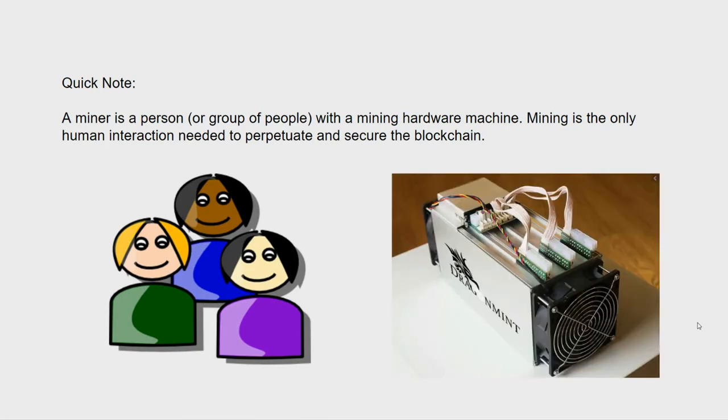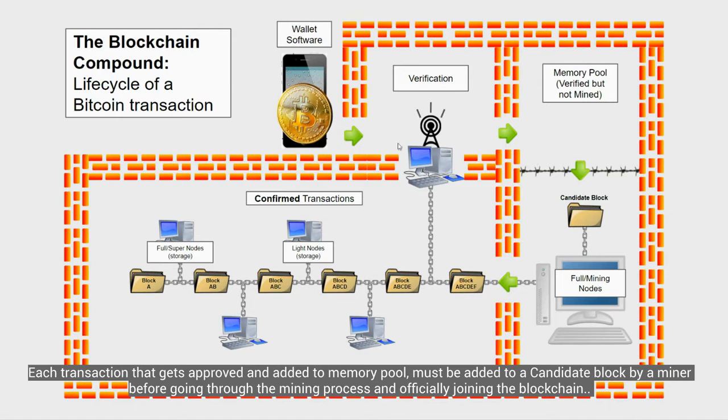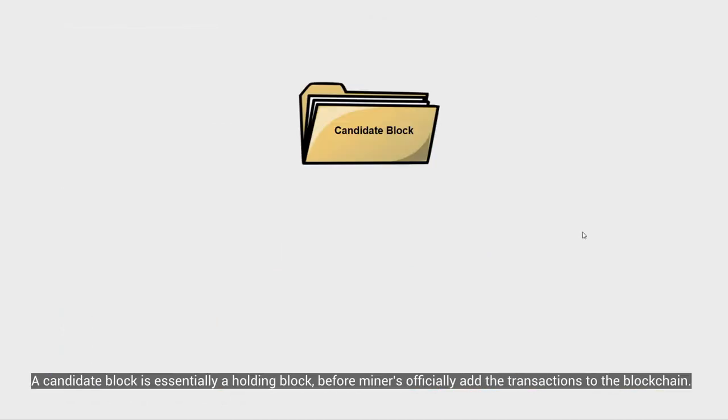Mining is the only human interaction needed to perpetuate and secure the blockchain. Each transaction that gets verified and approved is then added to the memory pool. From there, miners add the transactions to what is called a candidate block. A candidate block is essentially a holding block before miners officially add the transactions to the blockchain.